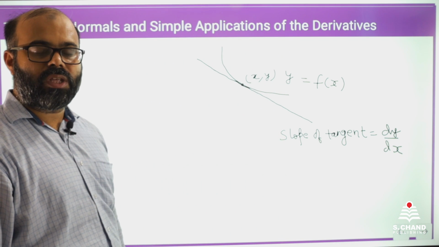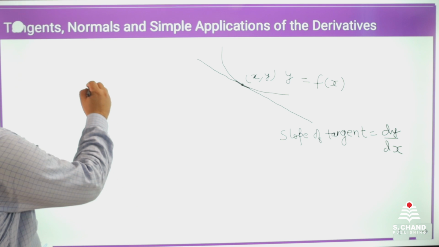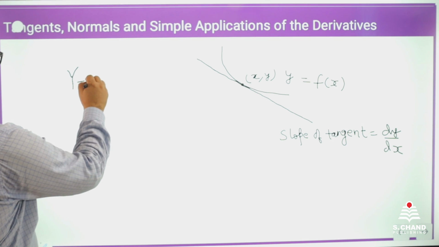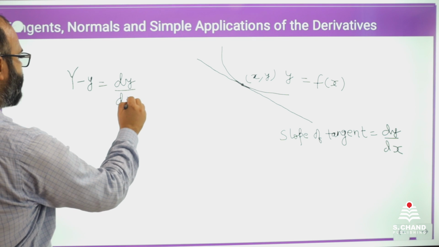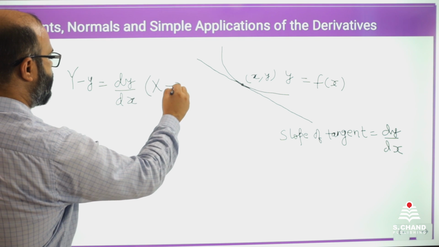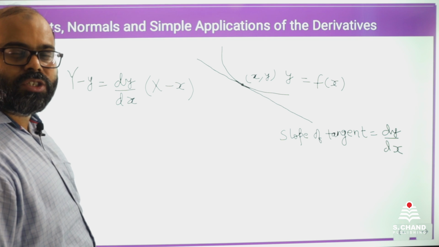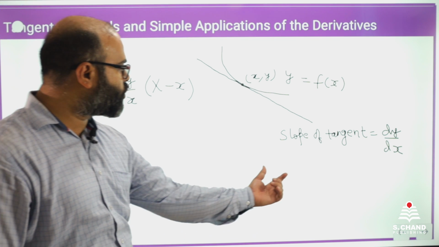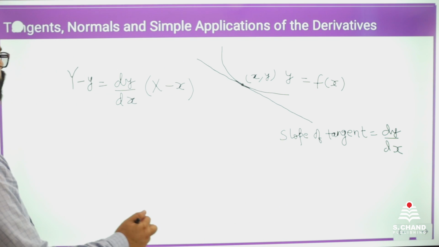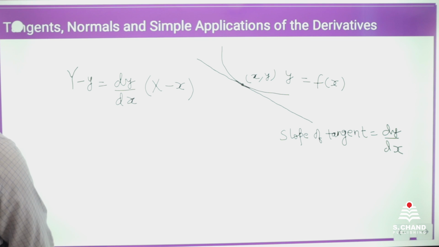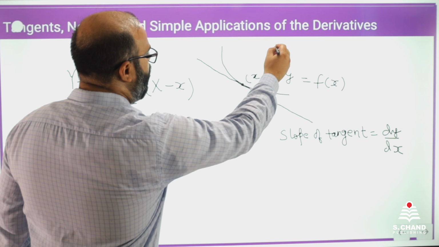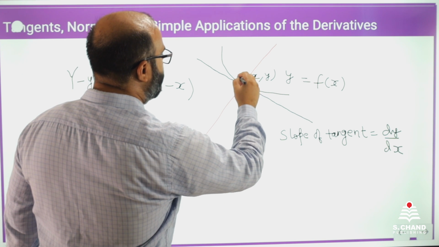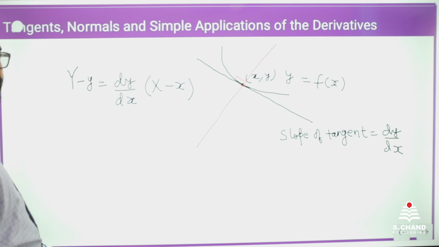After you get to know dy by dx, you can write it as Y minus y is equal to dy by dx into X minus x. So this is how you can write the equation of the tangent, and this is the slope of the tangent. Now if you are asked to find the normal to the curve at the point x comma y, then what will be the equation of the normal?